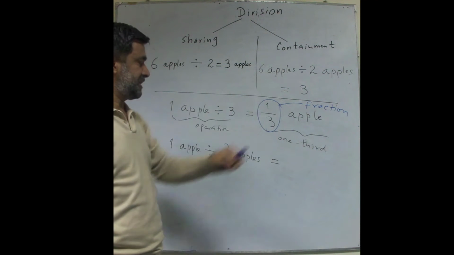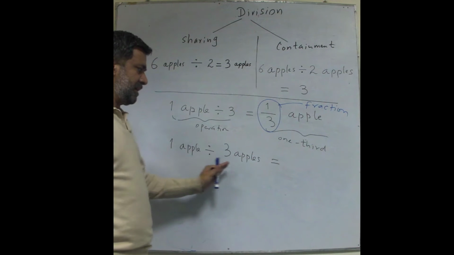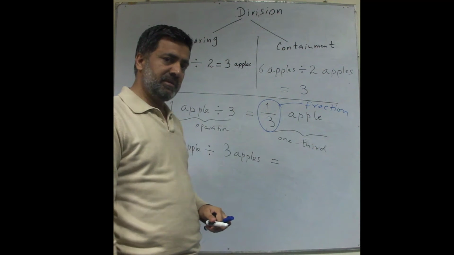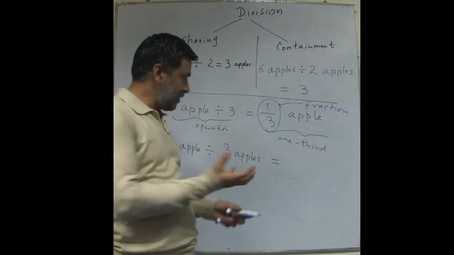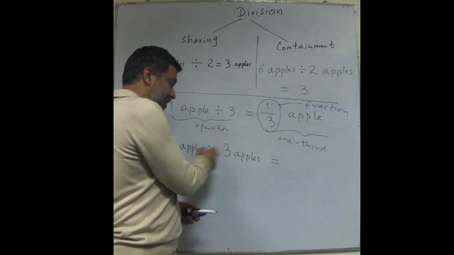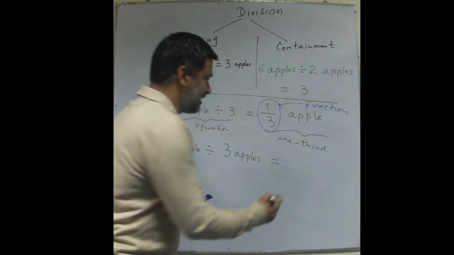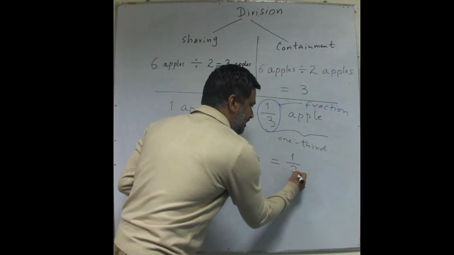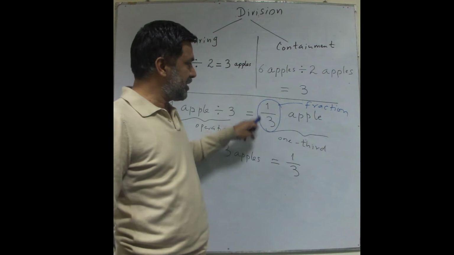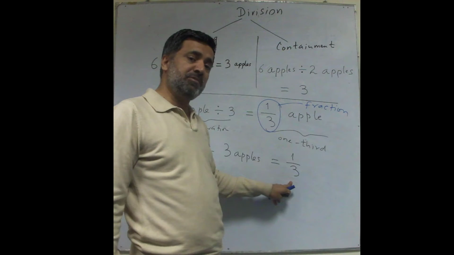As a containment operation. Of course 1 apple cannot contain the whole of 3 apples, but it contains only one of those 3 apples. So 1 of 3. Again, my answer is 1/3. In that case, it was 1/3 of an apple, and it is just 1/3.